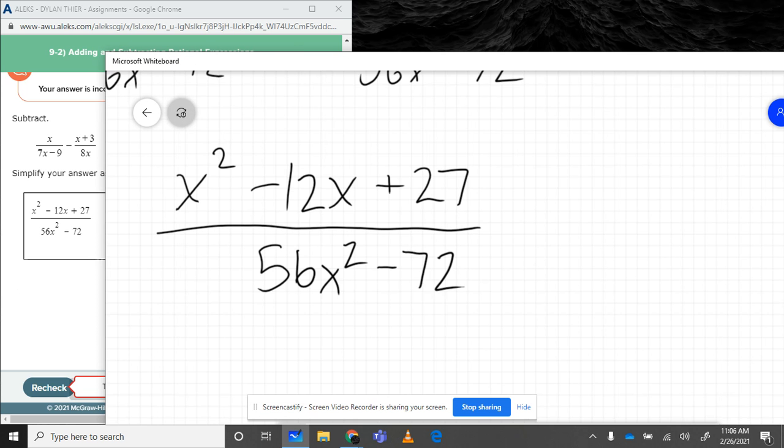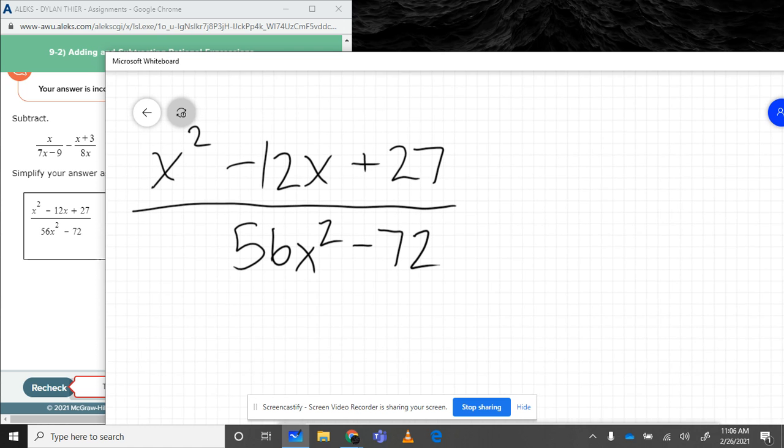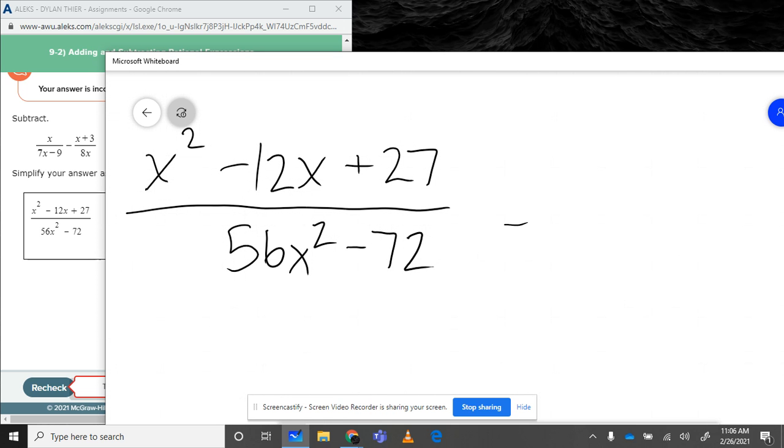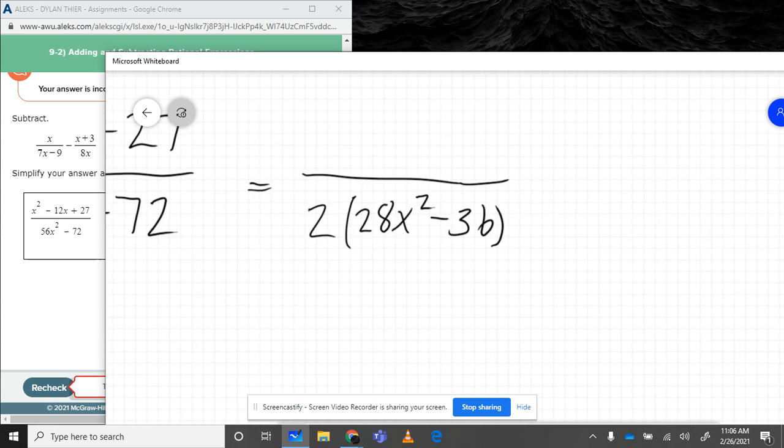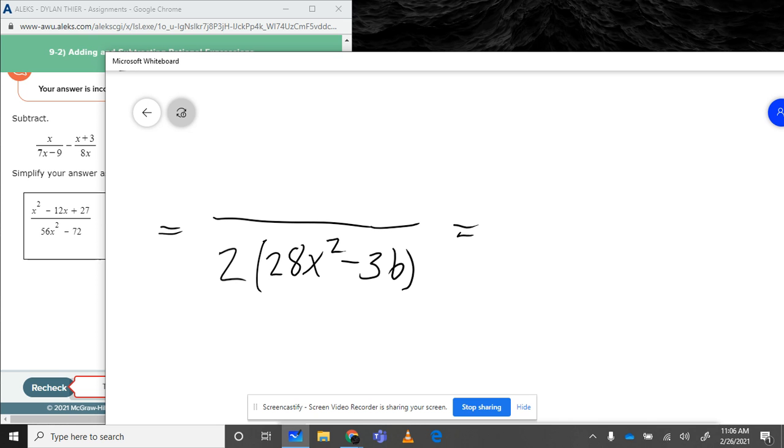Okay, so what can we do? On the bottom, we could factor out a 2 just to get started, and we will have 28x squared minus 36, which means we could have factored out another 2 and had 4 times 14x squared minus 18.